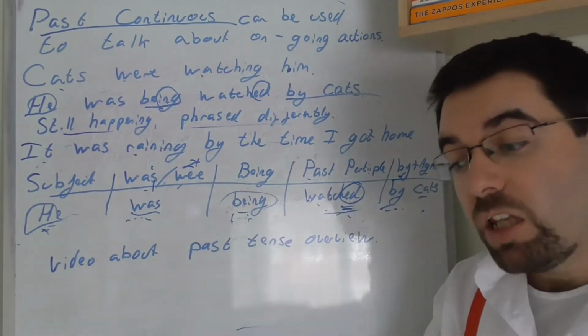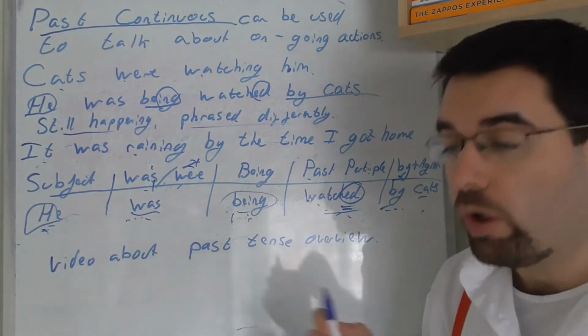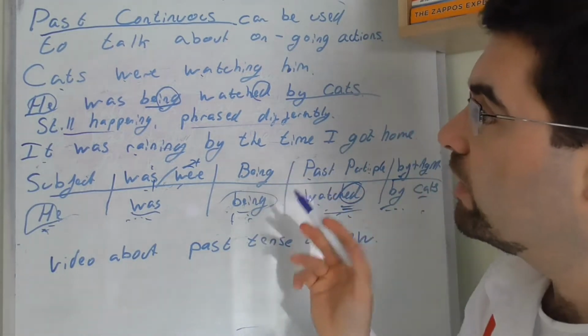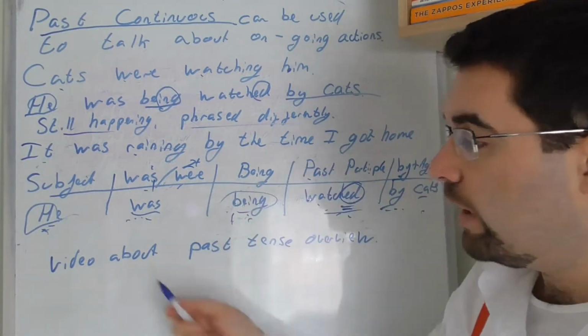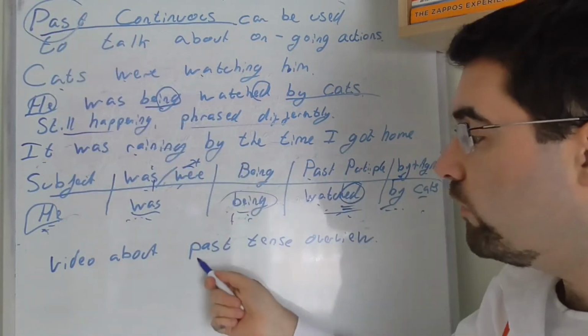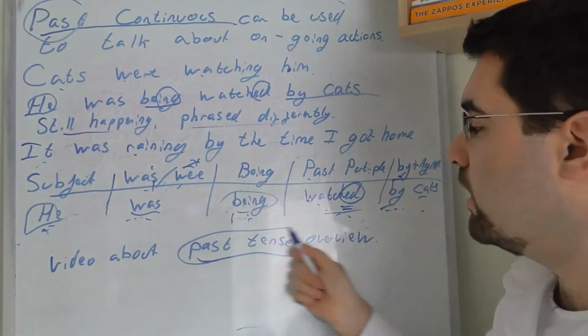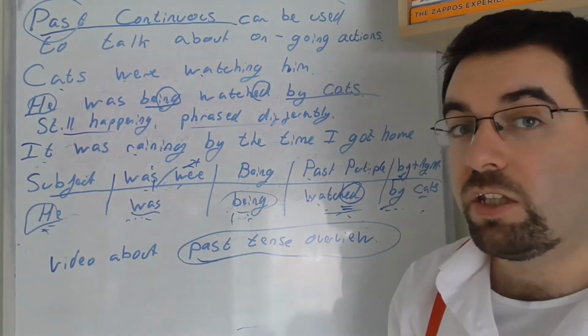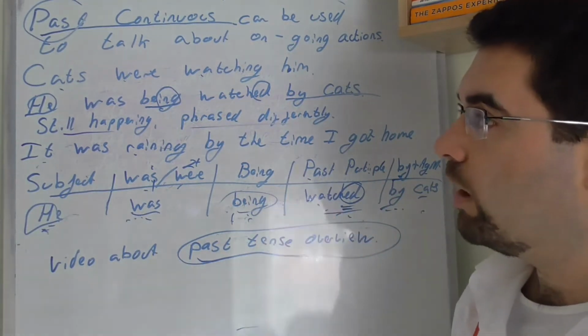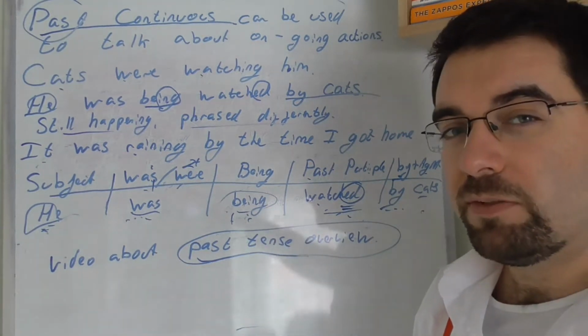Leave it alone, it was being quiet by itself. Interesting. It's worth understanding, however, that I did a video that expands more about the past tense, an overview of all the tenses, and you can find that video in the corner right here. Okay, but let's keep going.